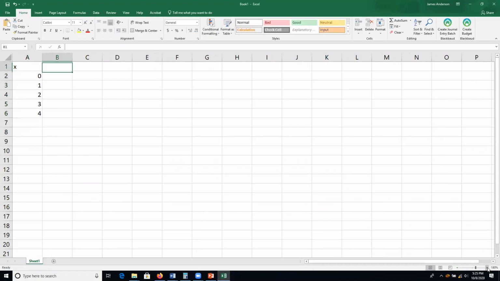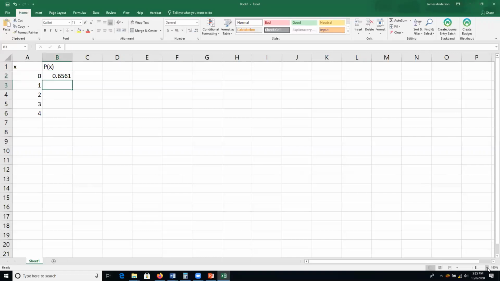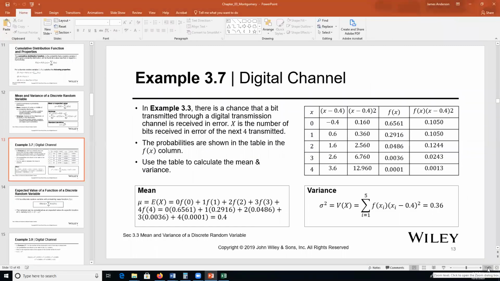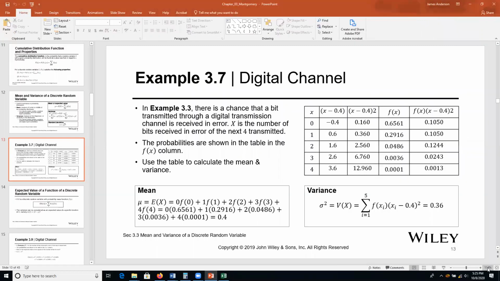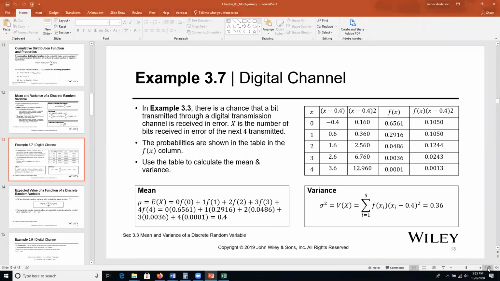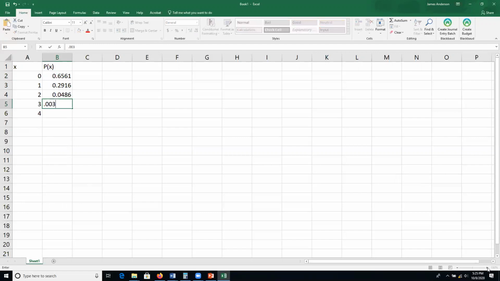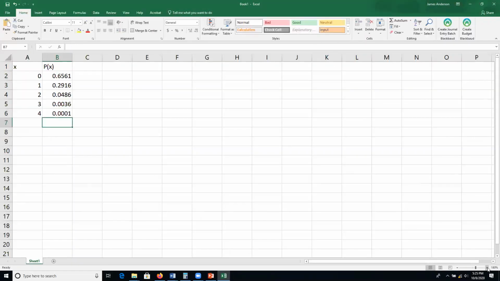Then I have my probability of x at 0.6561, 0.2916, 0.0486, 0.0036, and 0.0001. So those are my probabilities and my X values.